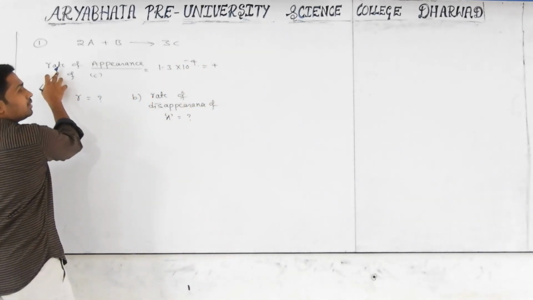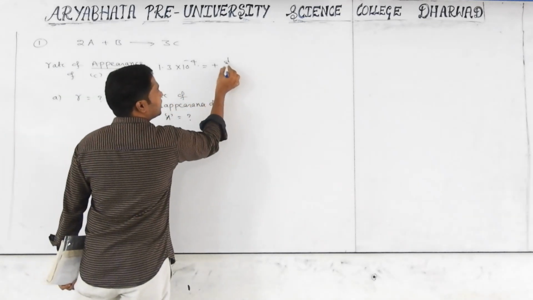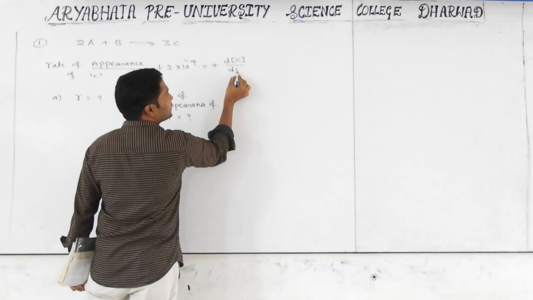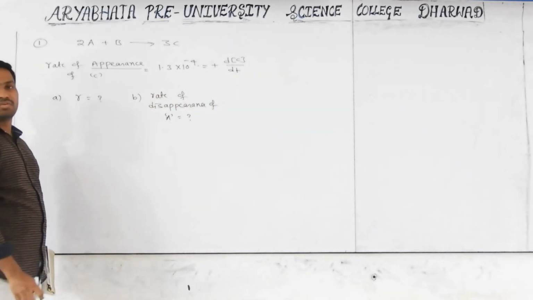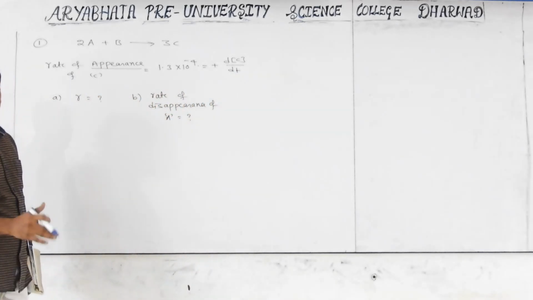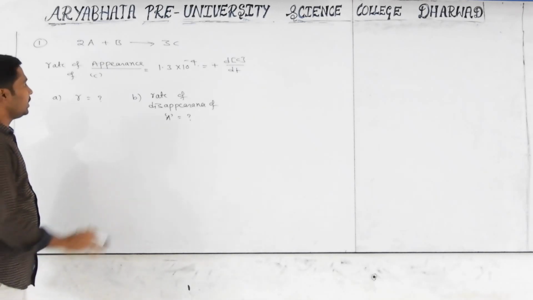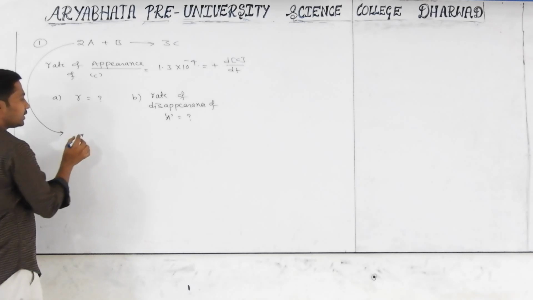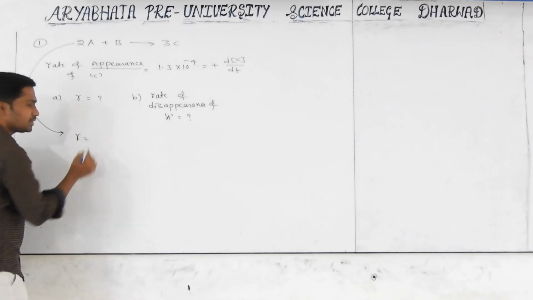Rate means change in concentration of C by time change. That is only called the rate of appearance of C. From this, can we write the rate of reaction in differentiation? Yes.